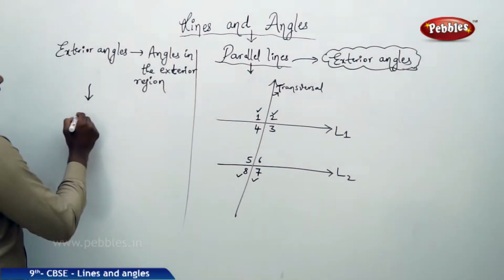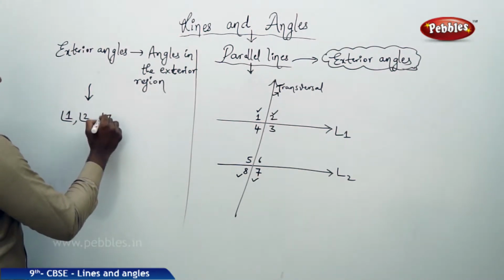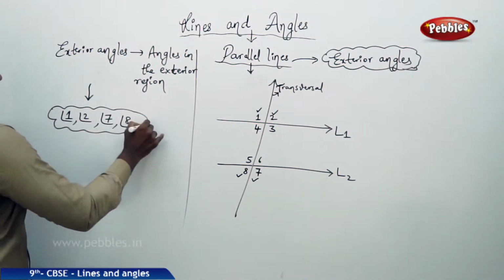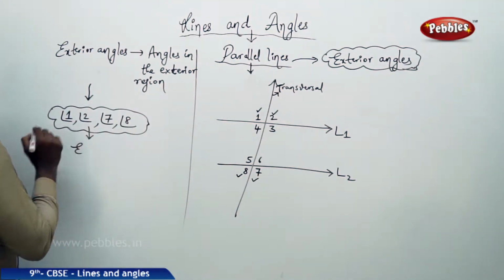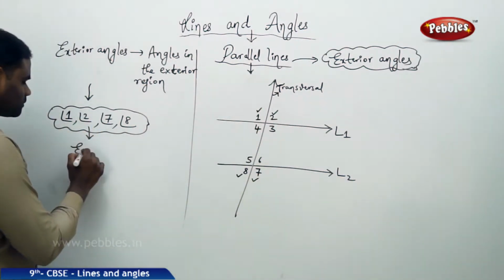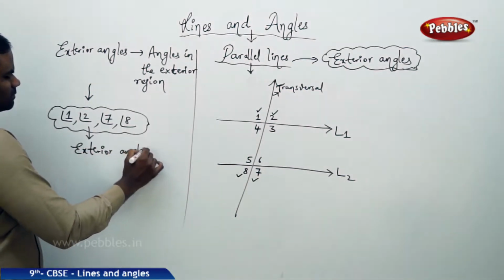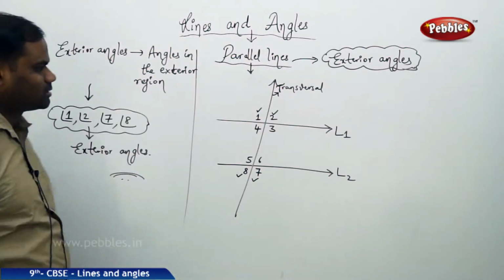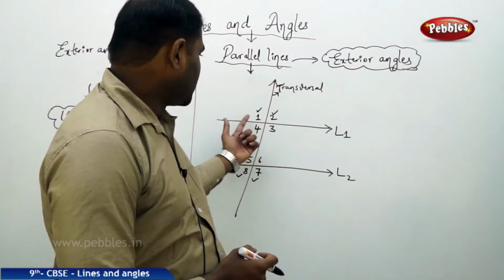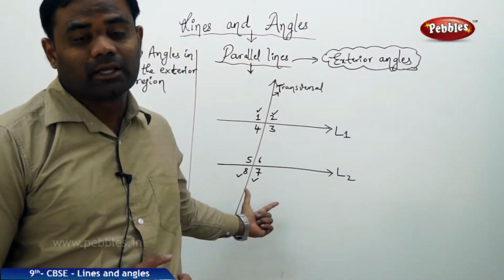So here the exterior angles are angle 1, angle 2, angle 7 and angle 8. These 4 angles being on the exterior region are called exterior angles in the pair of parallel lines: angle 1, angle 2, angle 7 and angle 8.